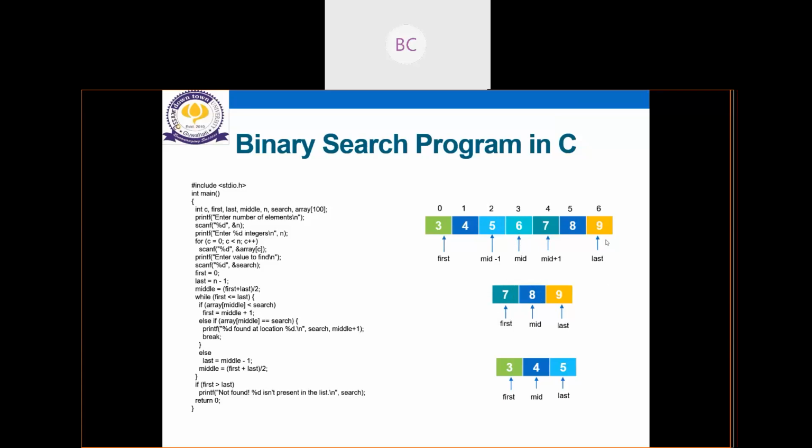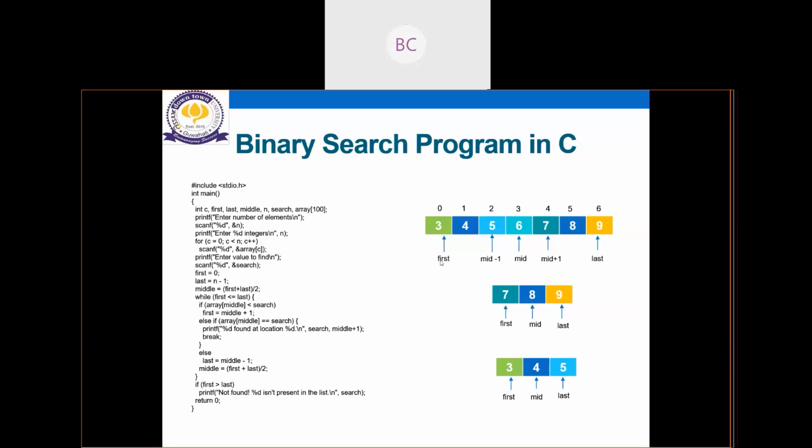Now see, in the big array your first location is just your mid plus 1 value. Therefore, here we are setting the first of this subarray to your mid plus 1 value. Okay. So in this subarray you will do the searching again.